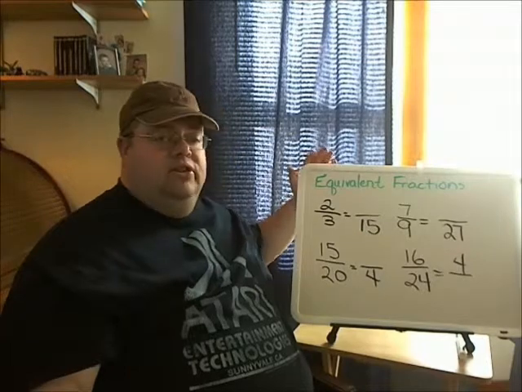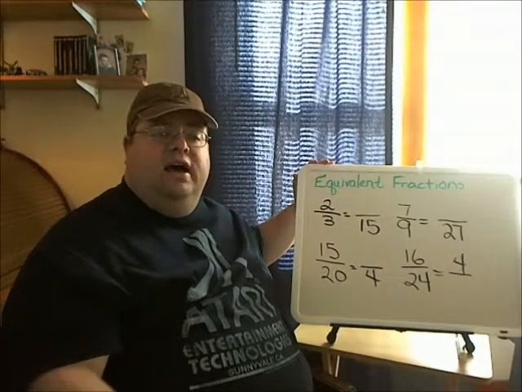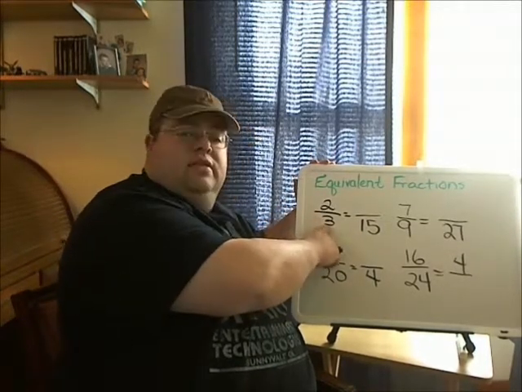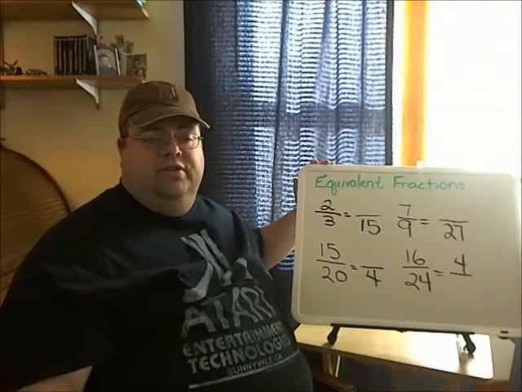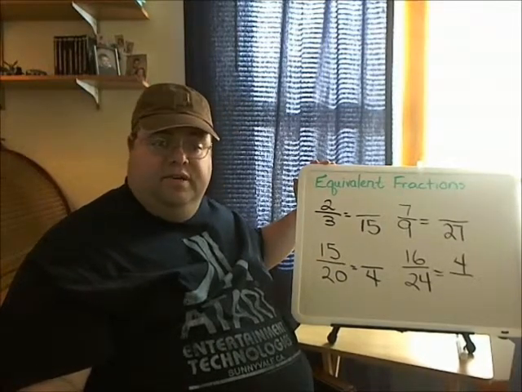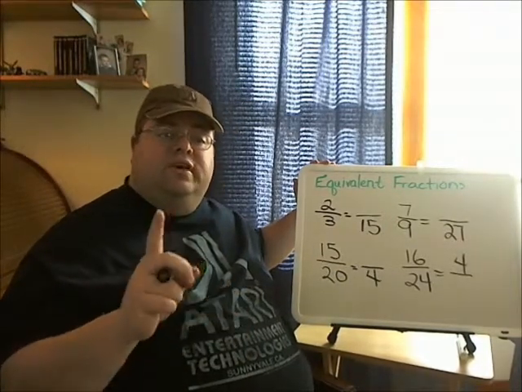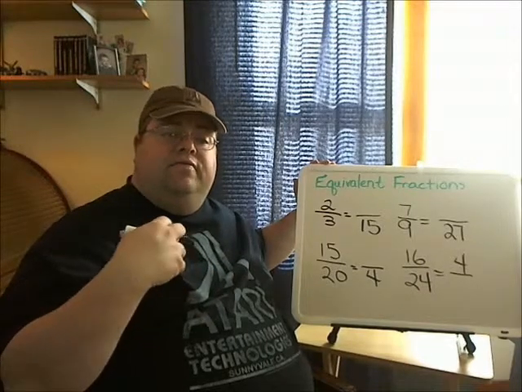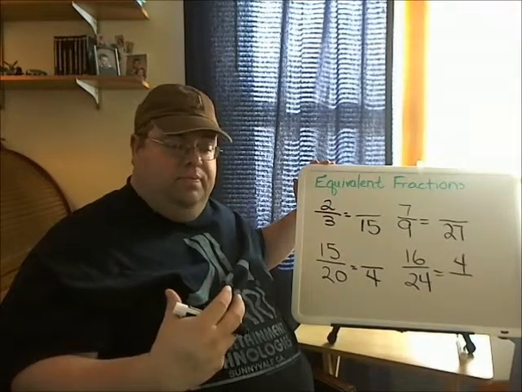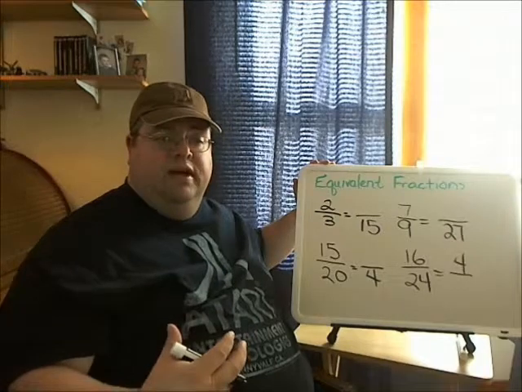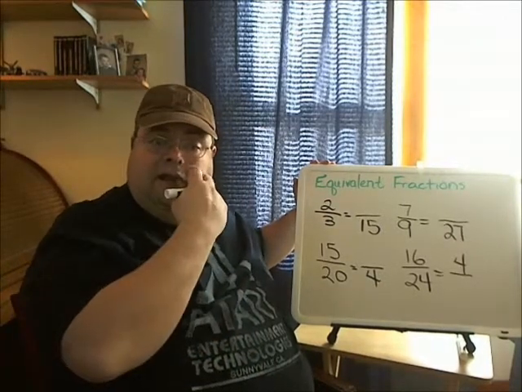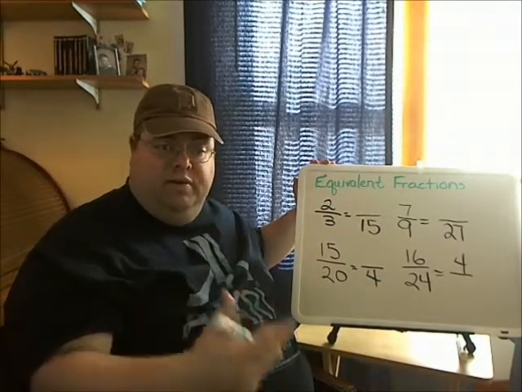So if we look at this for practice, I say, okay, the original object's divided into 3 parts. We need 15 parts. Because there is a factor that 3 can be multiplied by to get 15 as a product, that means I can find an equivalent fraction with 15 parts.